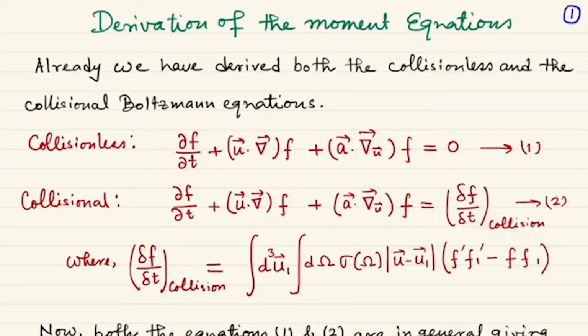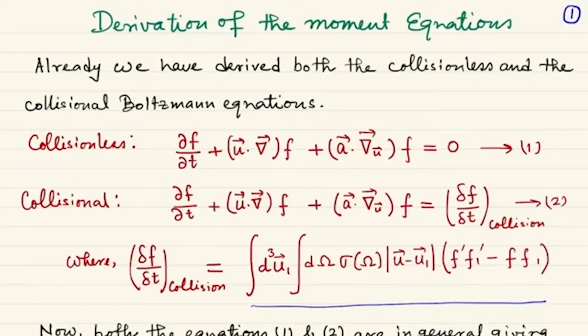And we know that for a normal elastic binary collision, which is a very simplistic case but very reasonable for microscopic cases, for example the kinetic systems of gas molecules, the collision integral should look like this: integration over d³u1, integration of σ(Ω) dΩ, |u minus u1|, (f′f1′ minus f f1).